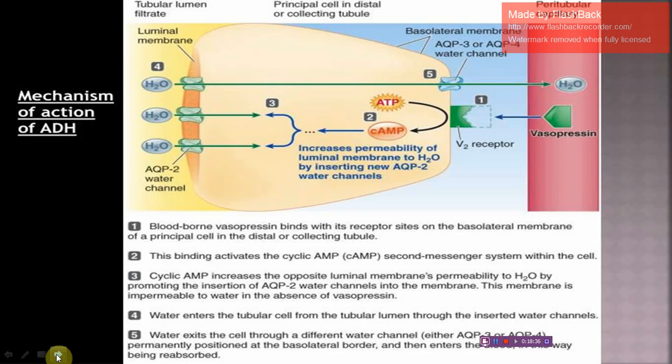Vasopressin acts on the V2 receptor, and ATP produces cyclic AMP. This cyclic AMP increases permeability of the luminal membrane to H2O by inserting new aquaporin 2 water channels, and these aquaporin 2 water channels absorb water, and in the basolateral membrane, through aquaporin 3 and aquaporin 4, water is reabsorbed and goes to the peritubular capillary ultimately.